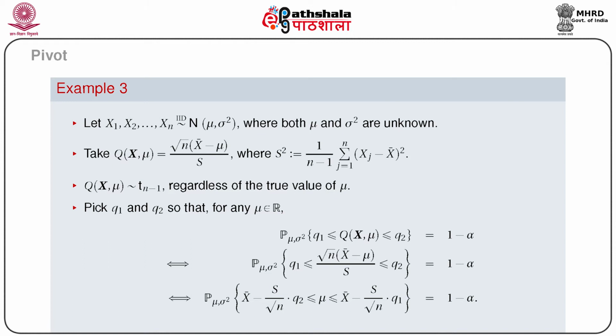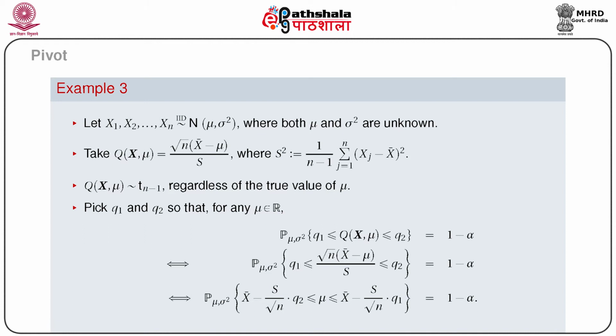To find the shortest length confidence interval for mu, we use the pivot Q(X, mu) = root n (X bar minus mu) divided by S, where S denotes the sample standard deviation, which is equal to the square root of 1 by n minus 1 times the summation over i from 1 to n of (Xi minus X bar) whole square. Now we know that Q follows the Student t distribution with n minus 1 degrees of freedom for any mu, sigma.